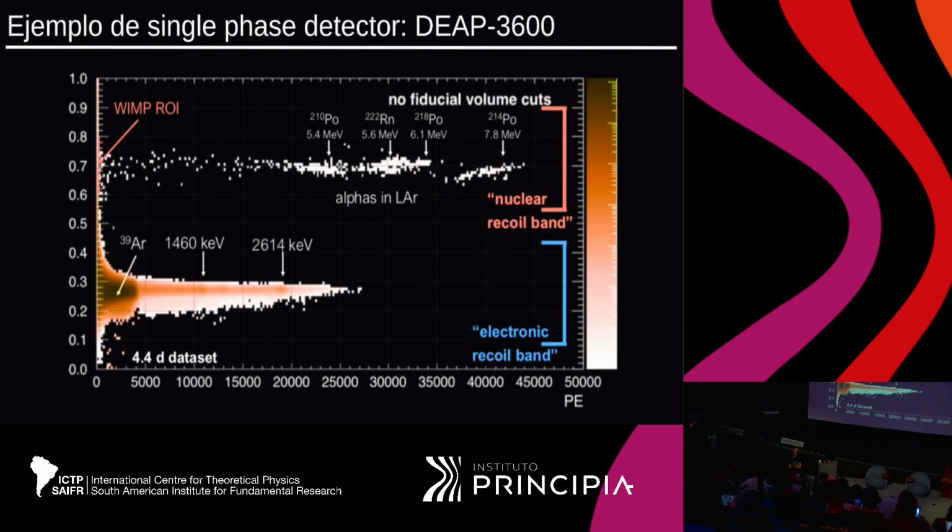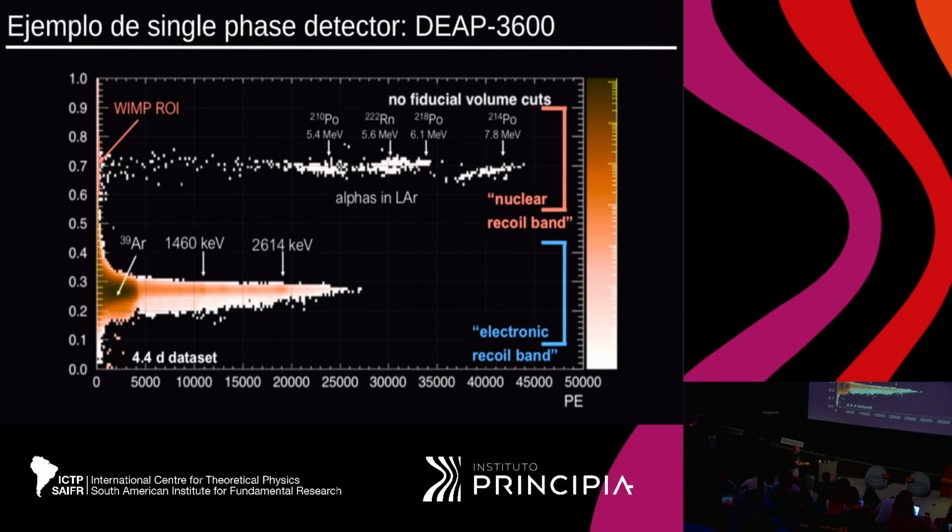Could you repeat what you are showing in this plot? Yes, sorry. In this plot, the x-axis is essentially the amount of photons that are seen after an interaction, okay? You have a particle that comes into the volume of your detector, it deposits some energy, and that produces some light, and you detect that light.